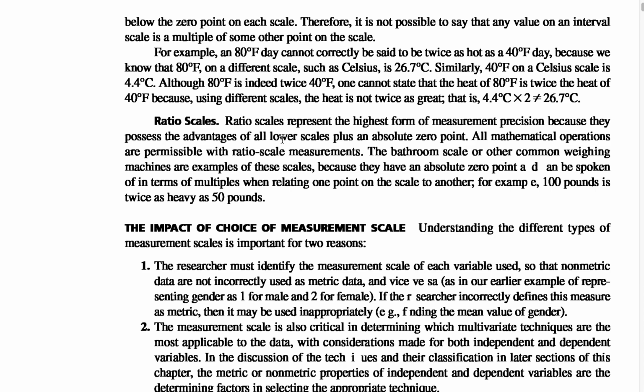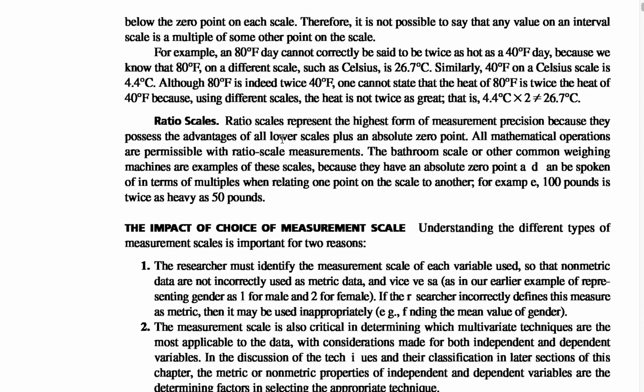Similarly, 40 degrees Fahrenheit on the Celsius scale is 4.4 degrees Celsius. Although 80 degrees is indeed twice 40 degrees, one cannot state that the heat of 80 degrees is twice the heat of 40 degrees, because using the different scale, the heat is not twice as great: 4.4 degrees Celsius versus 26.7 degrees Celsius.